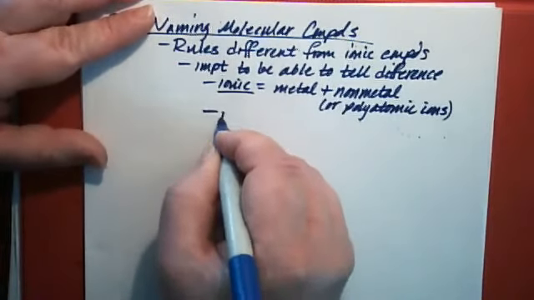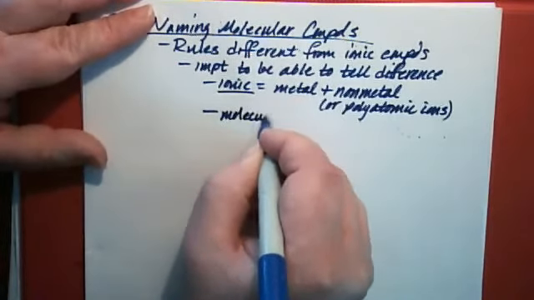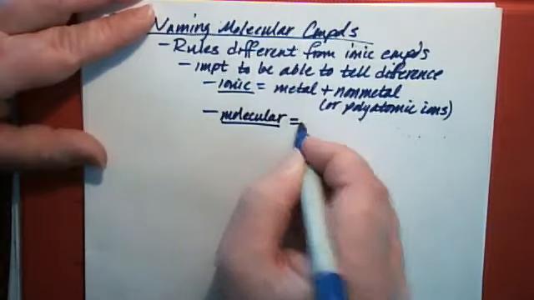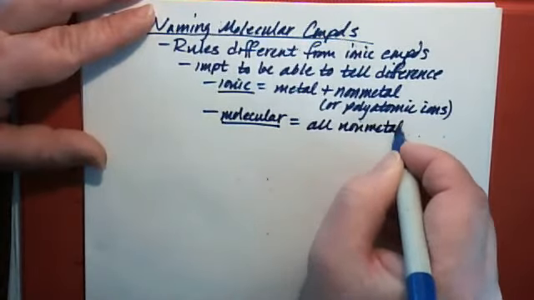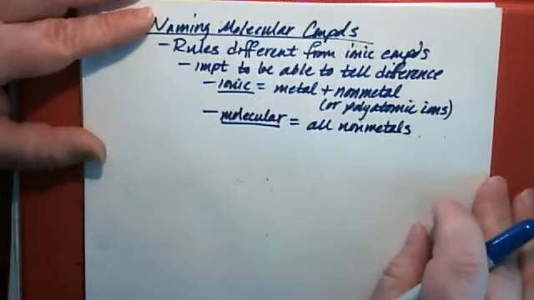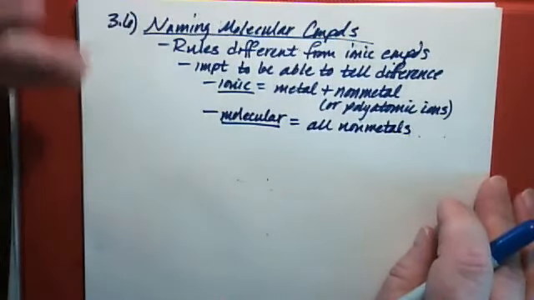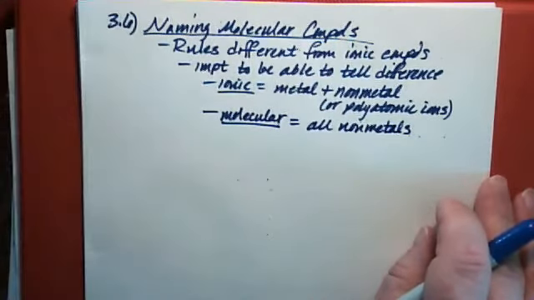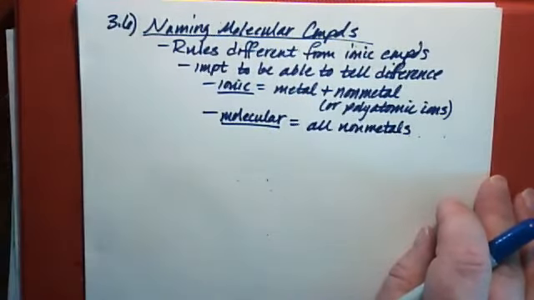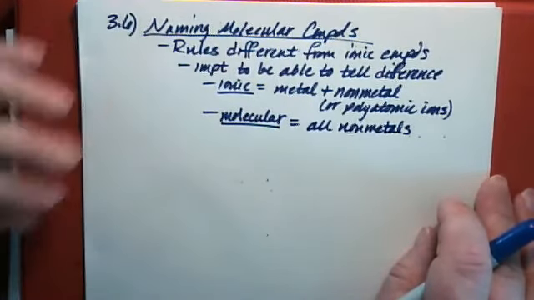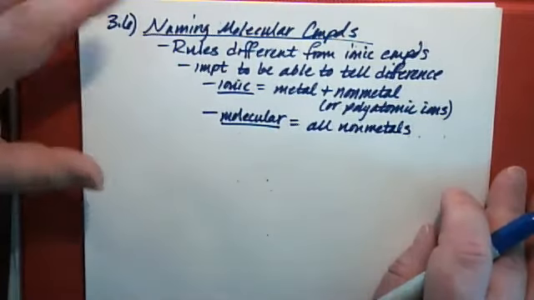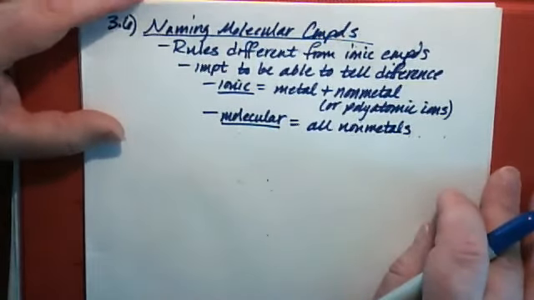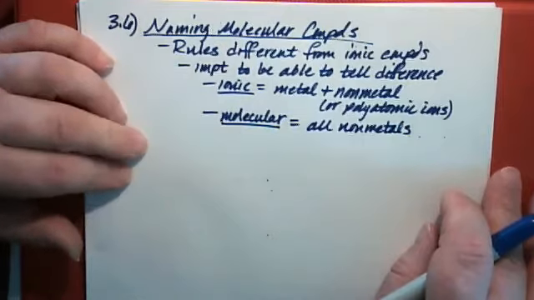And molecular or covalently bonded compounds will be made up entirely of nonmetals. So again, that means in turn, it's important to be able to distinguish which elements are metals and which ones are nonmetals. Okay, and you can always look at the periodic table because they are arranged so that they occupy separate areas of the table, but you do need to know which areas those are.